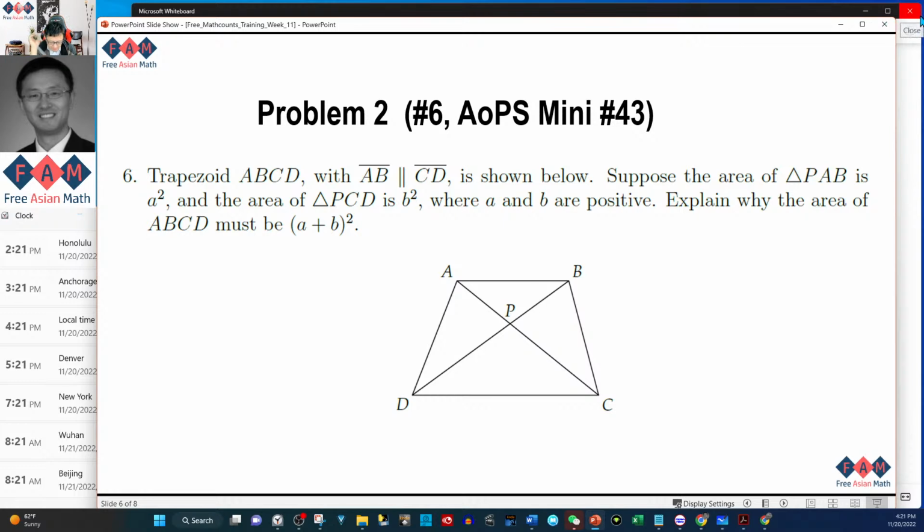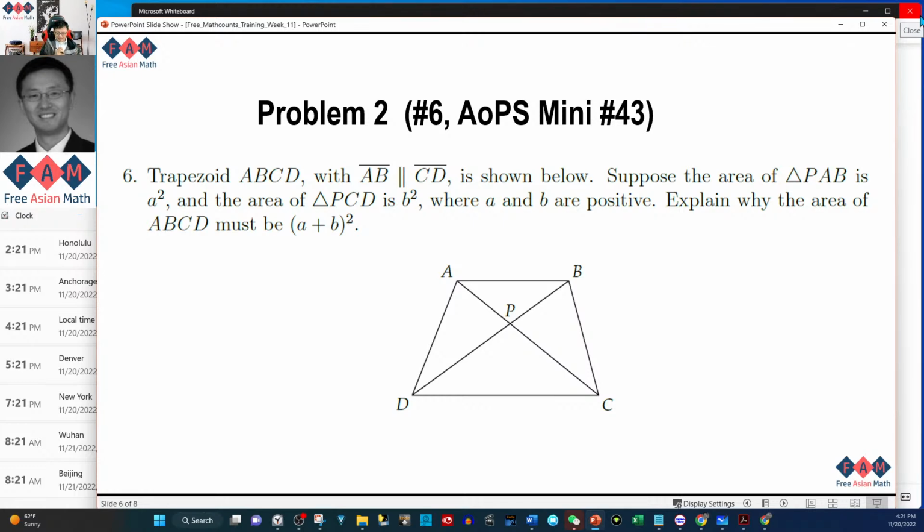Okay, do I need to solve this? Well, now you have seen quite a few problems. Once again, you have a trapezoid, AB parallel to CD. The area of triangle PAB is A squared, and the area of PCD is B squared.